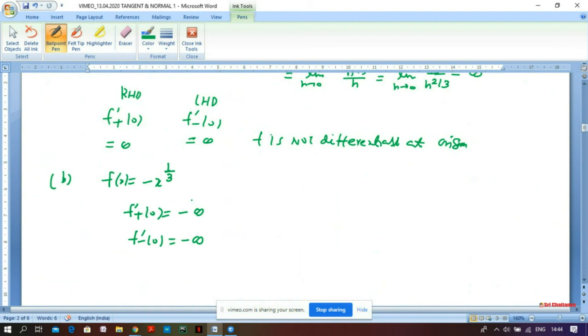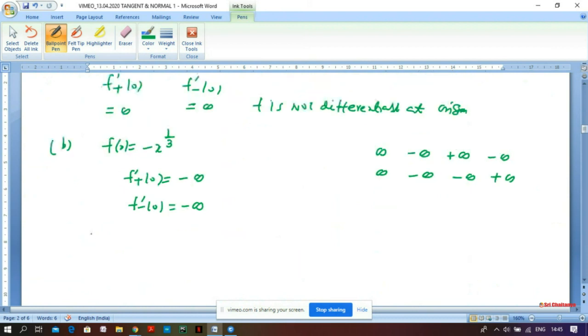And so this function still has a vertical tangent at origin. So we discussed 4 of the cases: both LHD and RHD infinity, both negative infinity, and one of them positive infinity, one negative, or the other way around.